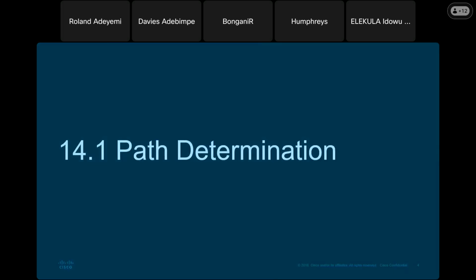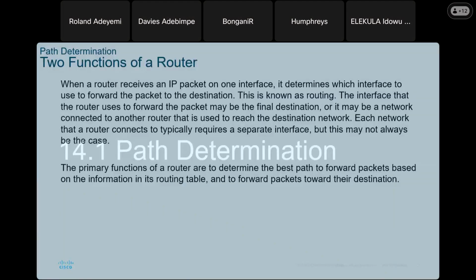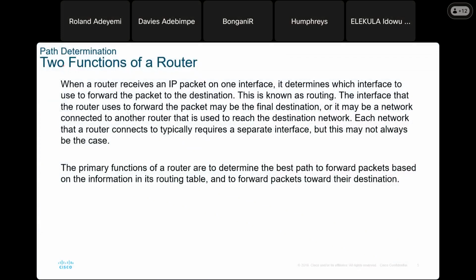So let's go through some theory before we do some demonstration. Path determination. Two functions of a router. When a router receives an IP packet on one interface, this is a router now.